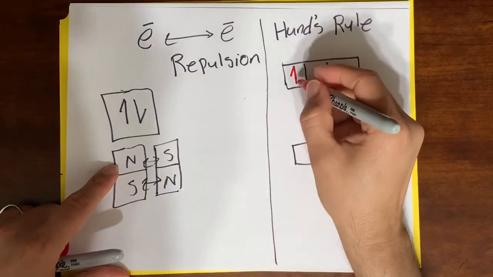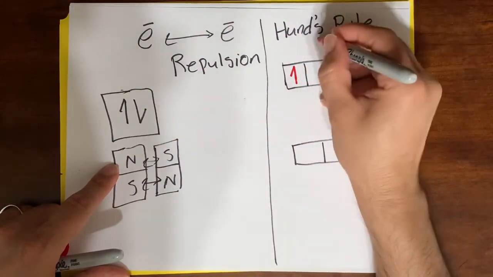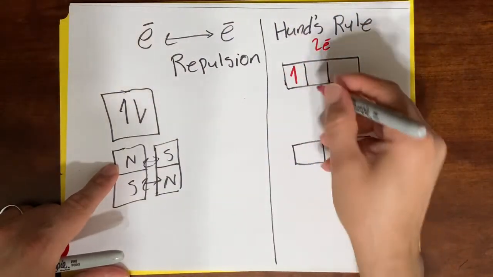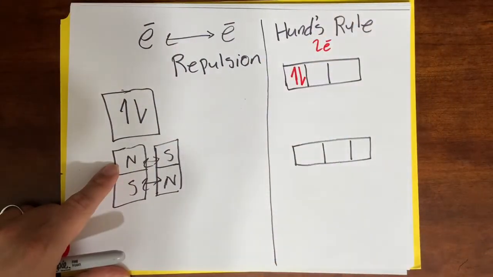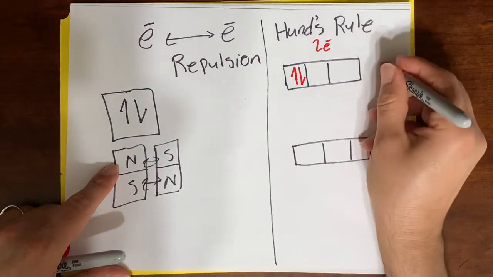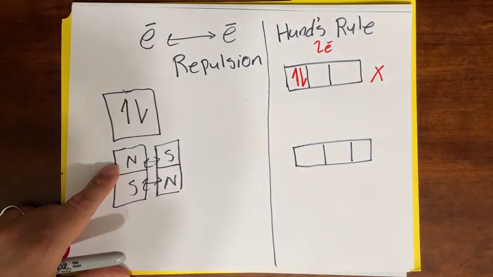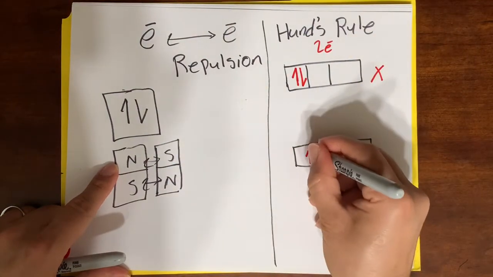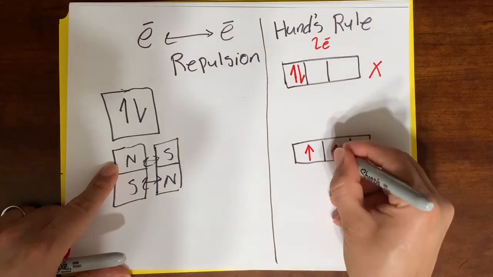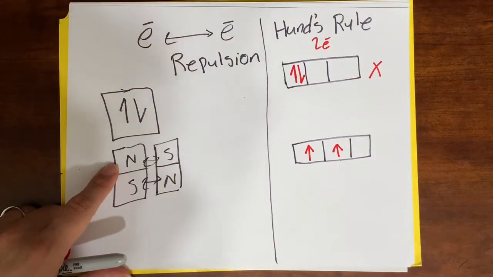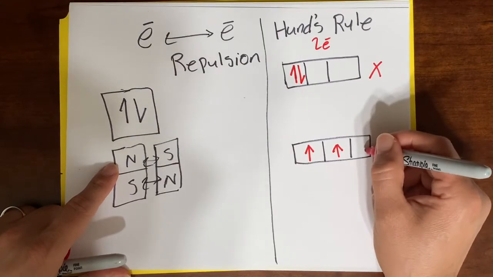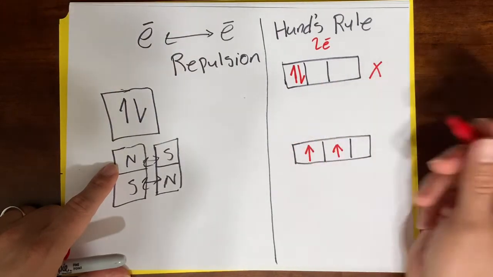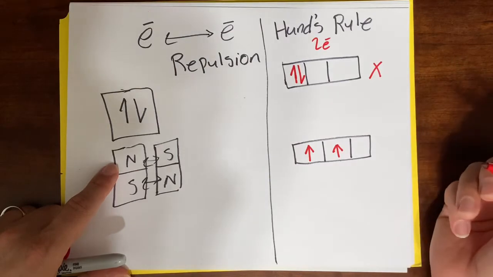So, for example, if I have only 2 electrons, and I want to put them inside these orbitals, if you pair them, this is going to be wrong. You have to give each orbital 1 electron first, and if you have one more, then put it inside the last orbital, and after that one, you will not have any option, then you will pair them.